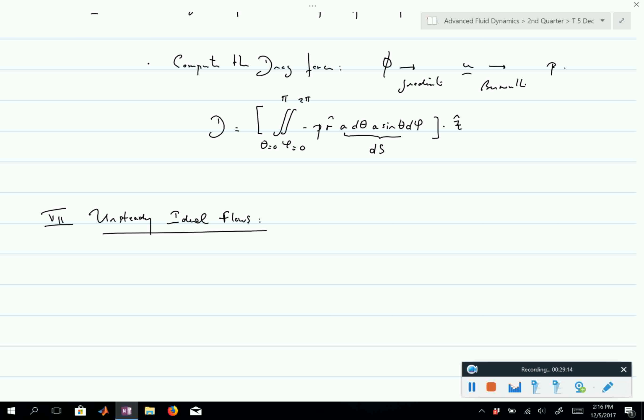We're no longer in the wind tunnel, we are in a real life situation, and the object is moving. If this object is moving at a constant velocity, then you can always argue that I can put myself back into the frame of reference moving with the object, and there everything is steady. And then you go back into a steady flow.